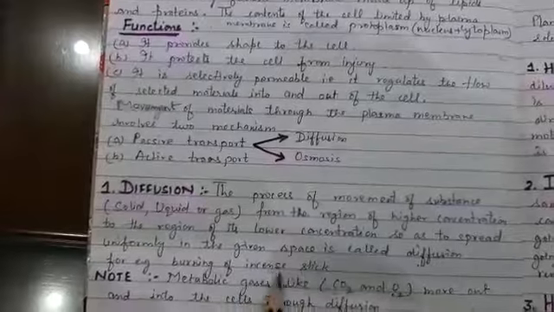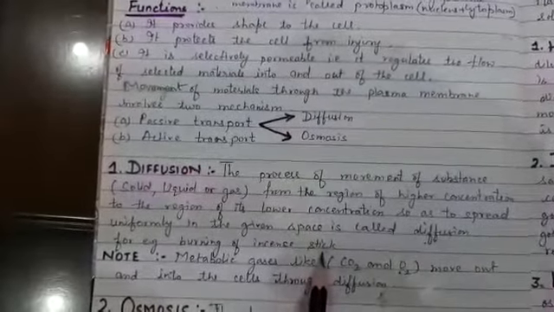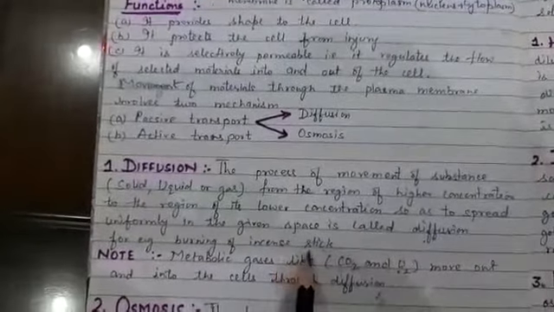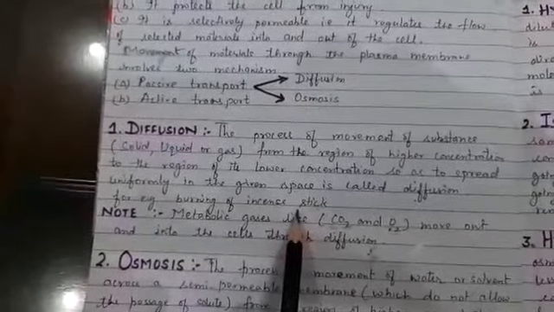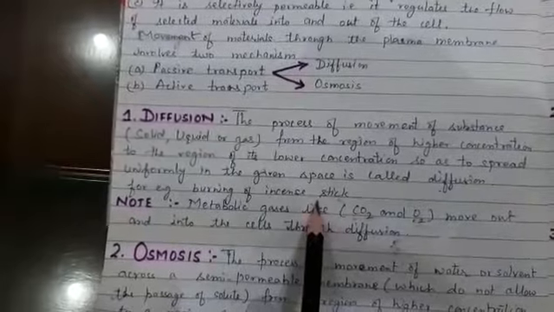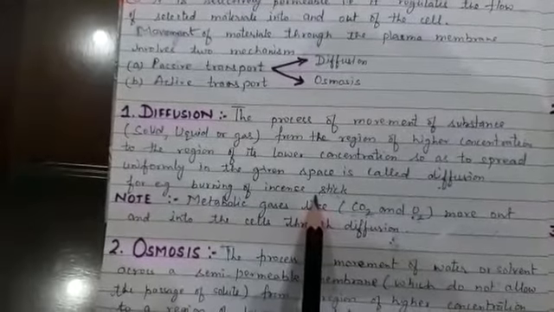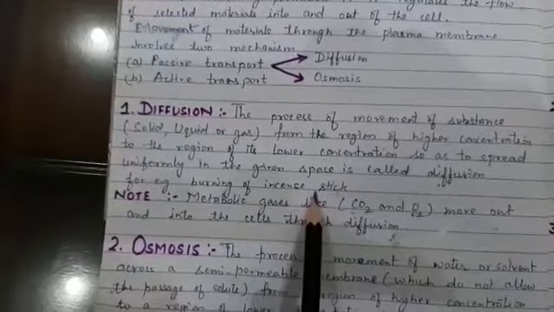You have noticed that when we burn an incense stick in one corner of the room, the smell gets spread to the entire room. Why does this happen? This happens because the particles of gas diffuse easily from the region of higher concentration to the region of lower concentration so as to distribute uniformly in the entire space.